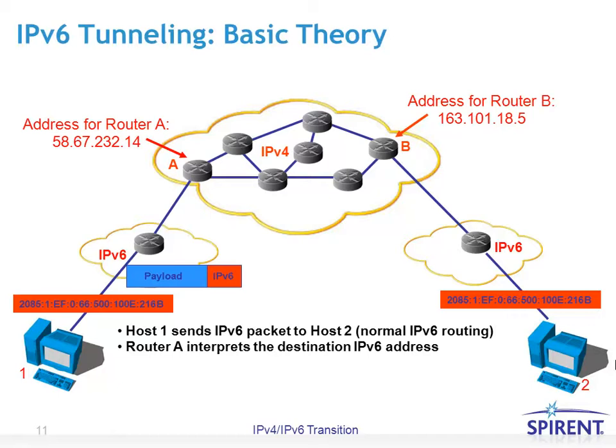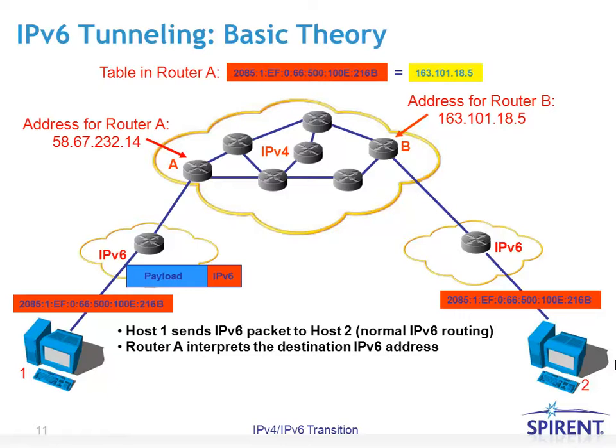That is eventually received by router A, and router A interprets the destination IP version 6 address. So it looks at the destination IP version 6 address and extracts what would be the tunnel endpoint associated with router B from that, either manually because it's configured that way in router A, or automatically because the tunnel endpoints, i.e. the two IP version 4 addresses of router A and B, are embedded in the IP version 6 addresses.